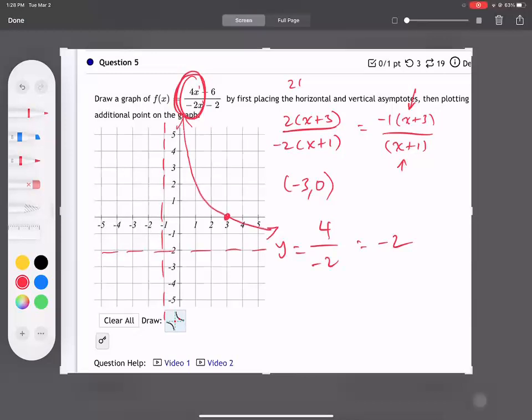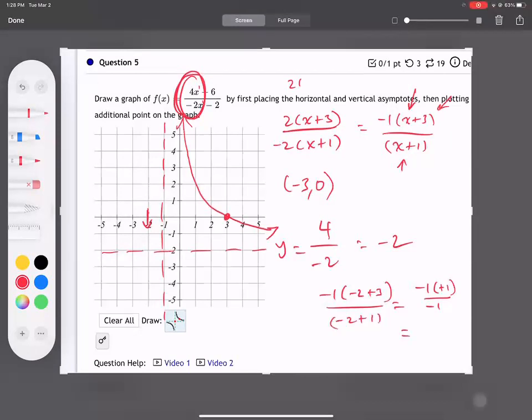On the left side, I'm going to plug in a number that's a -2 to double check. If I plug -2 into my easy version, -1 times -2 plus 3 over -2 plus 1. This gives us -1 times +1 over -1, and this gives us +1.